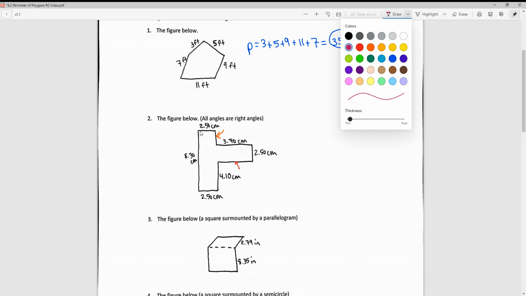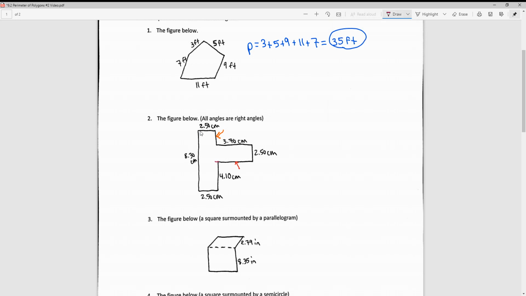So we see that this long side here is 8.3 centimeters. That means this whole other long side here has to be 8.3 centimeters, but from here to here is 4.1. From here to here is 2.5. So we have 2.5, we have 4.1.